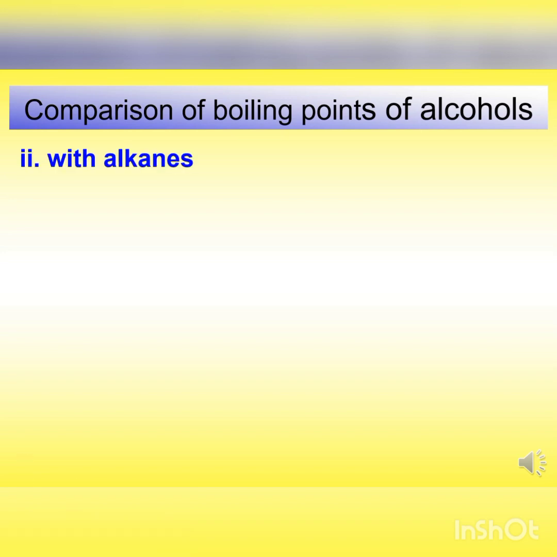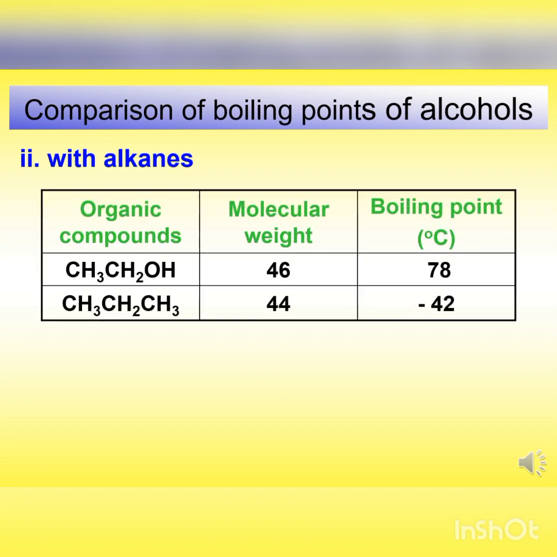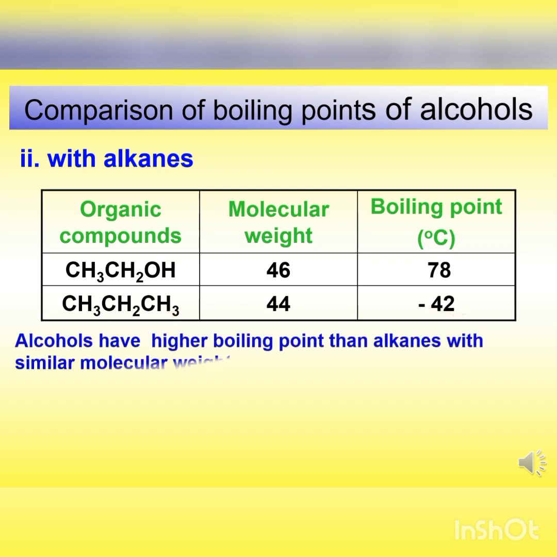The second is we compare the boiling point of alcohol with alkanes. Based on the table, we can compare ethanol and propane, which have about the same molecular weight. In this case, the boiling point of ethanol is higher than that of propane.